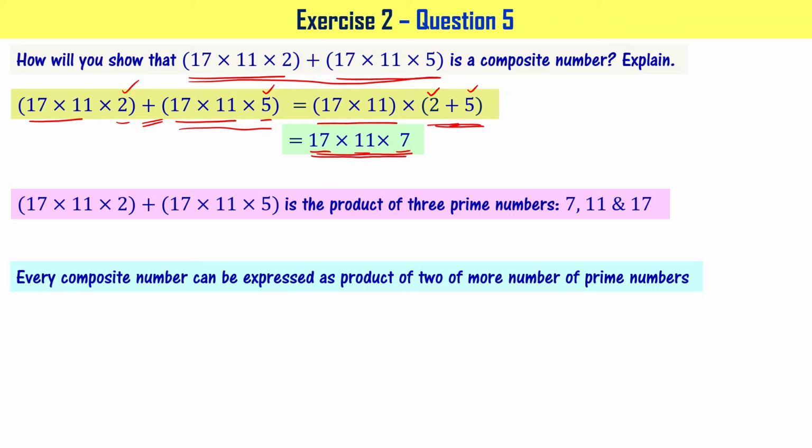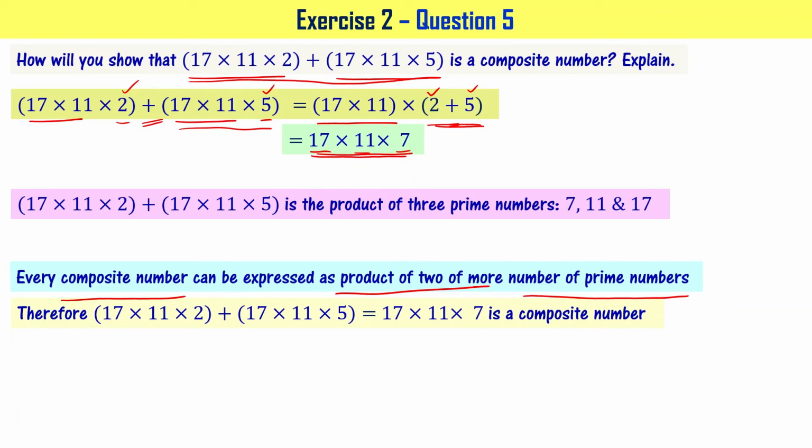You please note this. When you can write a given number as a product of 2 or more number of prime numbers, then that given number is called a composite number. It means the given number here in this problem is a composite number, because we could write it as product of 3 prime numbers. Or in other words, we can say that the given number has 3 prime factors. That's why it is a composite number, right?